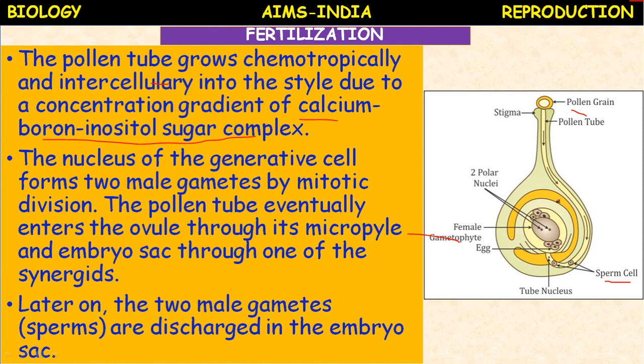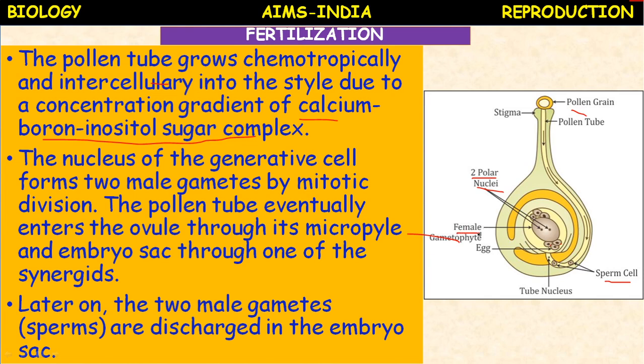This is the nucellus. This yellow color part is the nucellus, which is the tissue which protects the embryo sac. This is the embryo sac, consisting of 8 nuclei, out of which all are haploid except the secondary nucleus formed by the two polar nuclei.